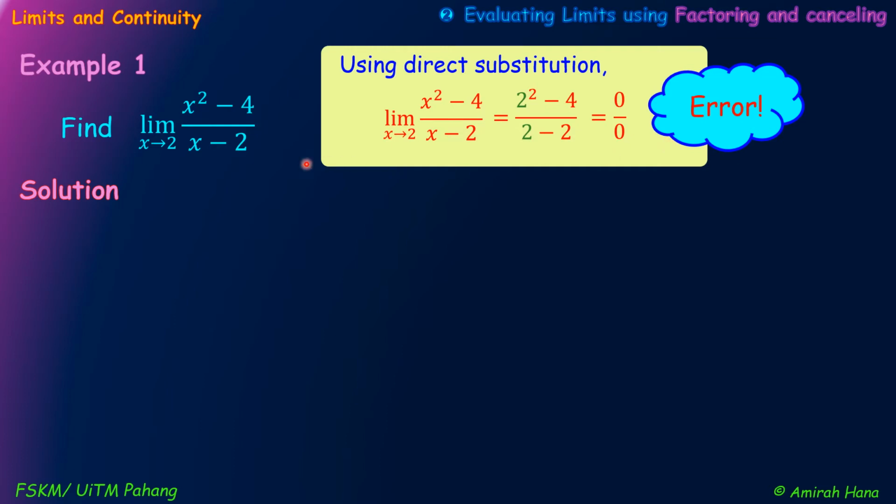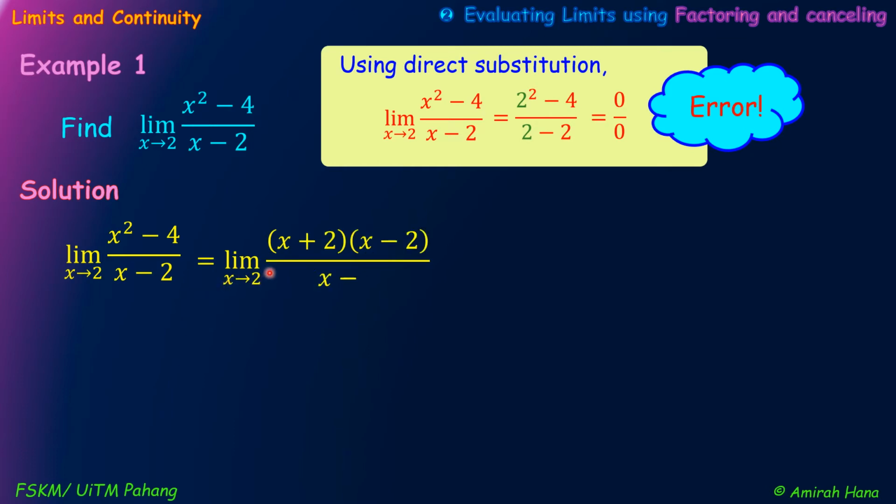So what we should do is write the limit as x approaches 2 of (x squared minus 4) over (x minus 2) in the form of the limit as x approaches 2 of (x plus 2) times (x minus 2) over (x minus 2). What should we do from here?